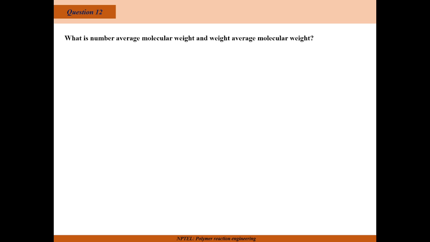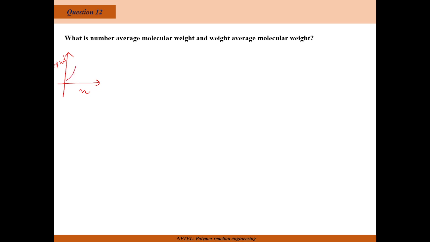Okay, it requires a tiny bit of explanation, so let me explain this one. As we've seen in the last question, we plot either molecular weight or number on the x-axis, with the fraction of total chains or number of molecules on the other axis.